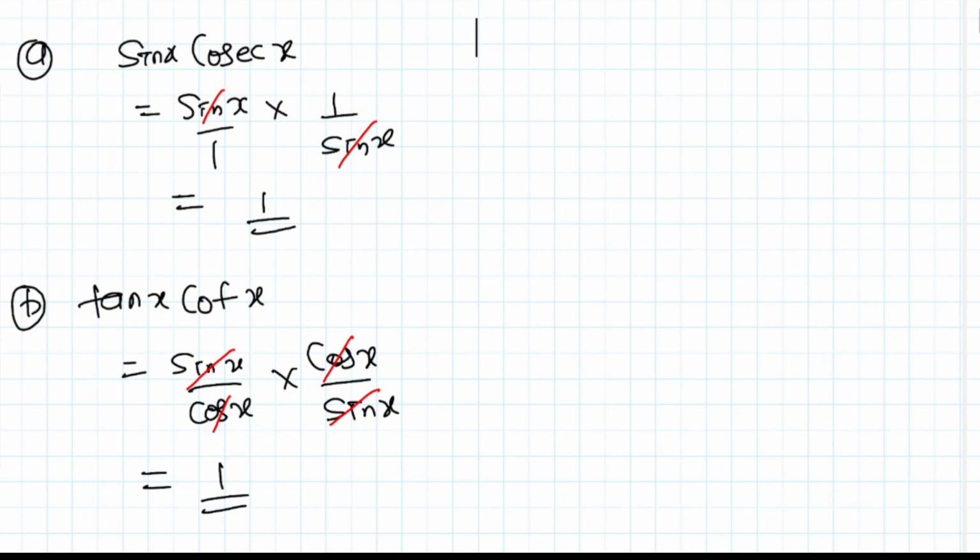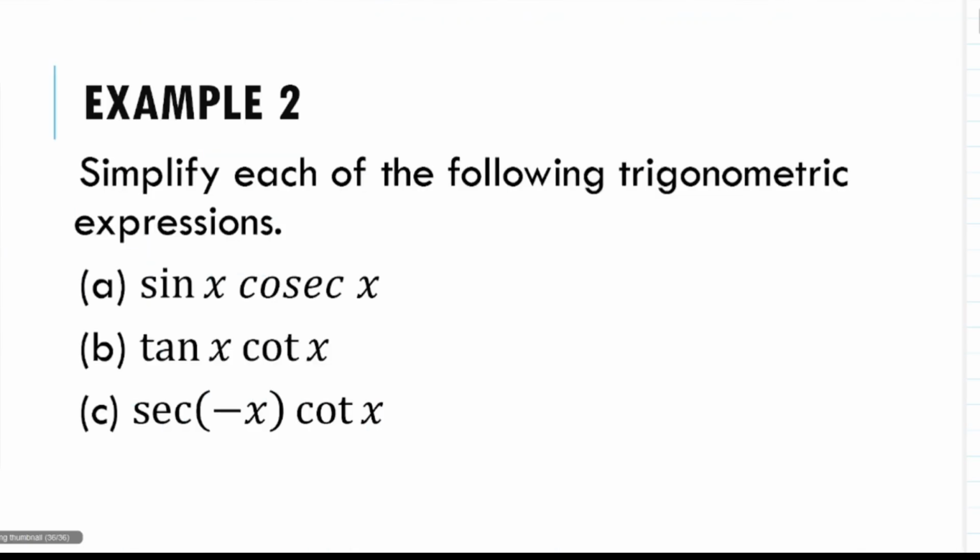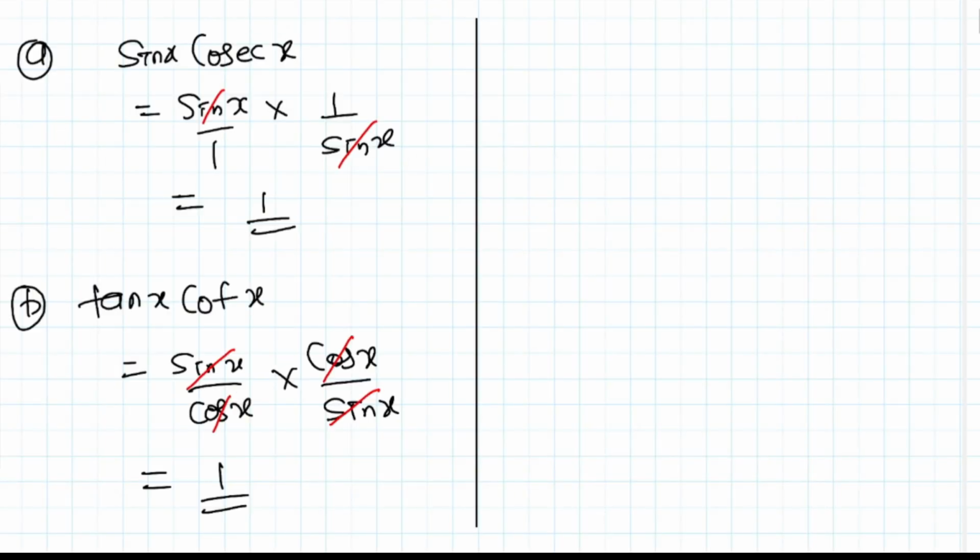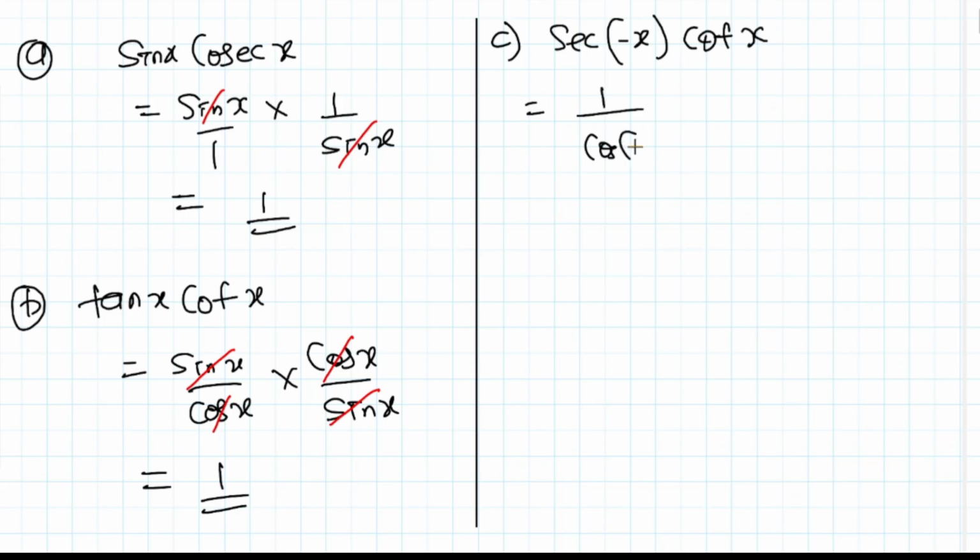So we have C, sec(-x) cot x. Make substitution, substitute the fundamental ones. So this will be 1 over cos(-x) multiplied by cot x, which is cos x over sine x.